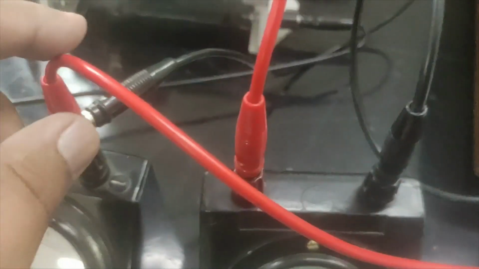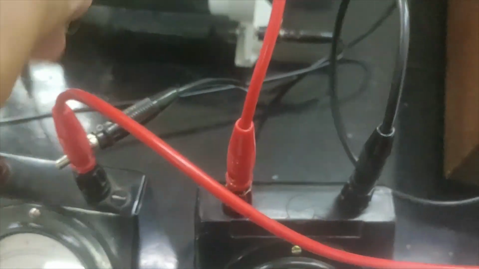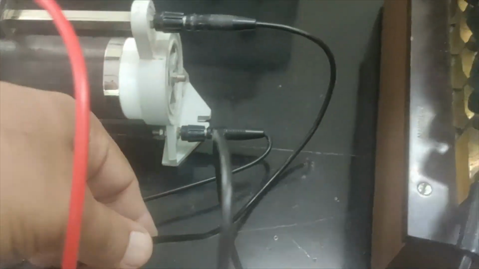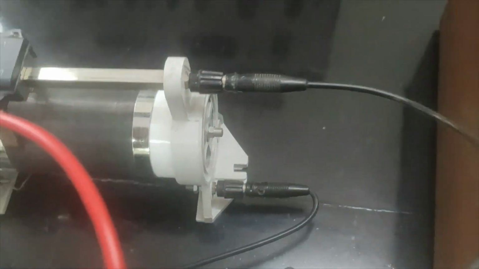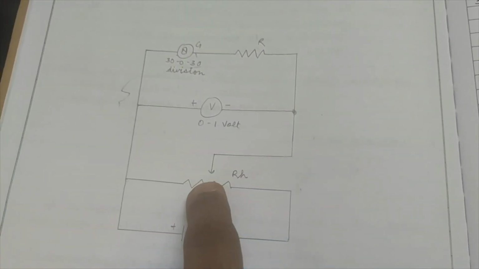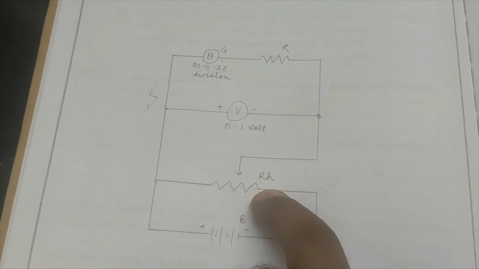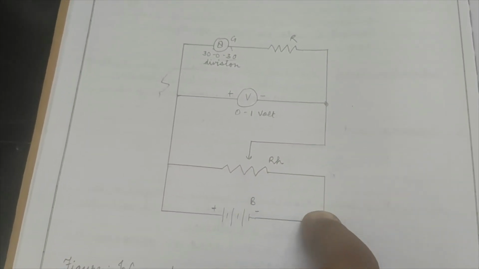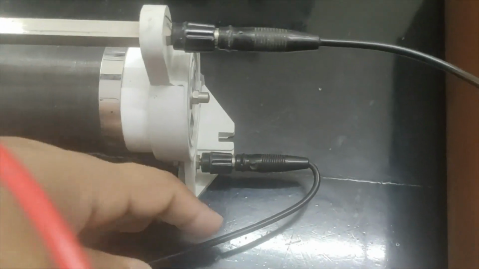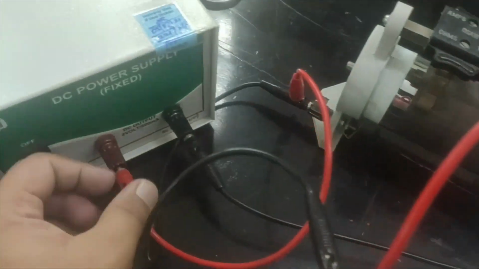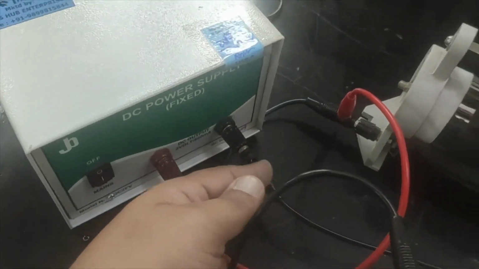From the negative terminal, the same connection goes to the upper part of the rheostat, this one, not the lower one. Then the lower part of the rheostat is connected to the negative terminal of the battery.